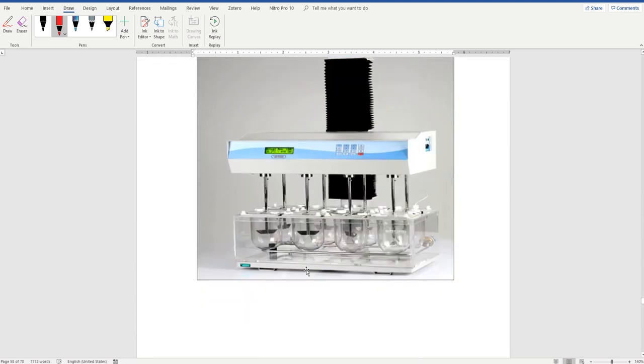Let me show you here. Here you see hemispherical bottom vessels, and instead of the shaft there is a paddle, but with replacement. This means that the tablets you put here will not be inside the basket. It will be at the bottom here.